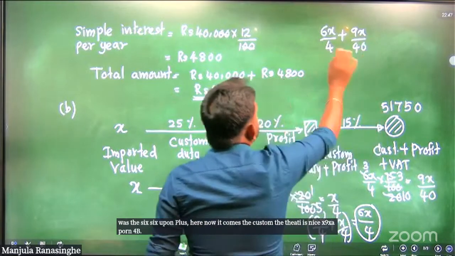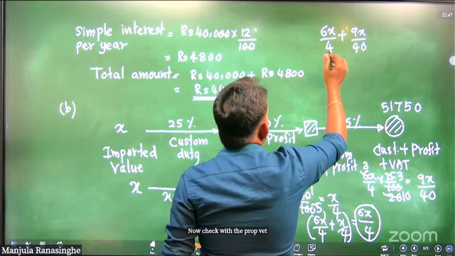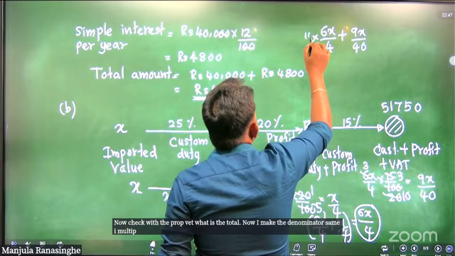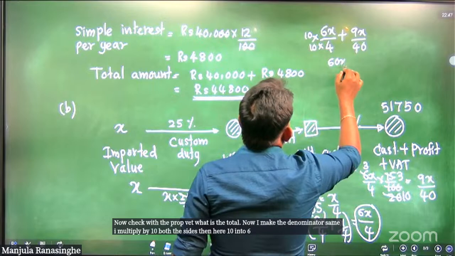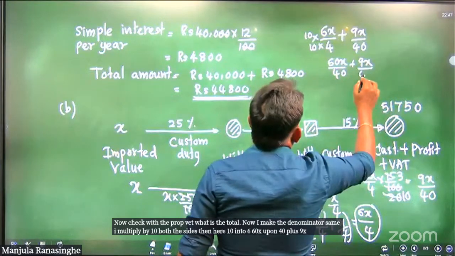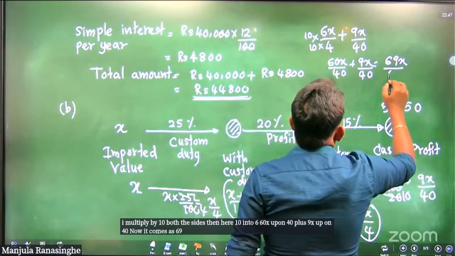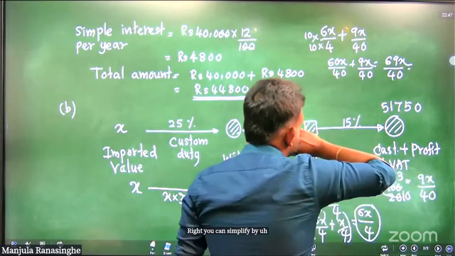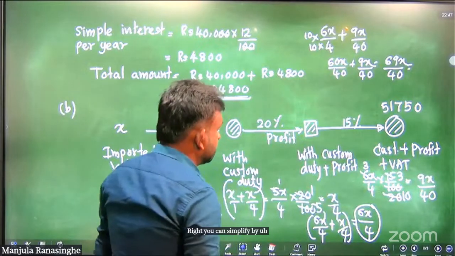Now check with the VAT, what is the total? Now I make the denominator the same, I multiply by 10 on both sides. Then here 10 into 6, 60x upon 40 plus 9x upon 40. Now it comes as 69x upon 40. Right, can you simplify by that? Is that correct?